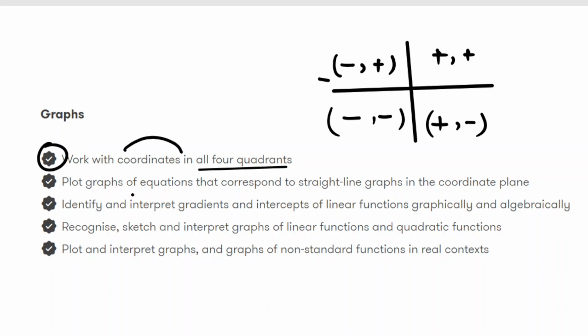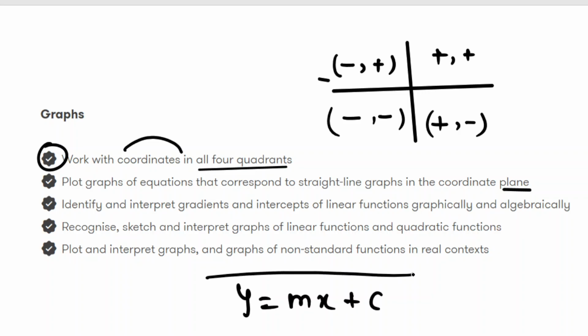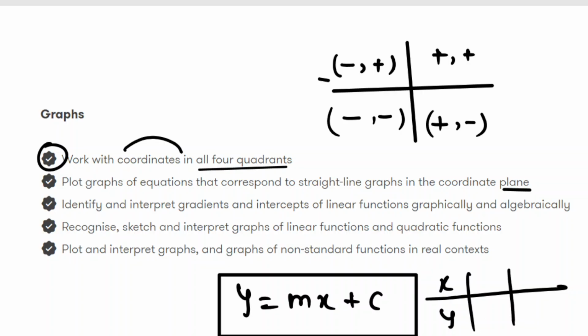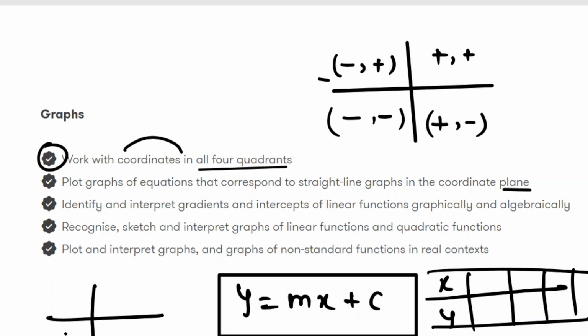Now, plot graphs of equations that correspond to straight line graphs in the coordinate plane. Simple. y = mx + c. You will get an equation like this: x, y. Put in values of x, you will get the values of y, and you will get a graph like this. Identify and interpret gradients. What are gradients? This slope is called the gradient.